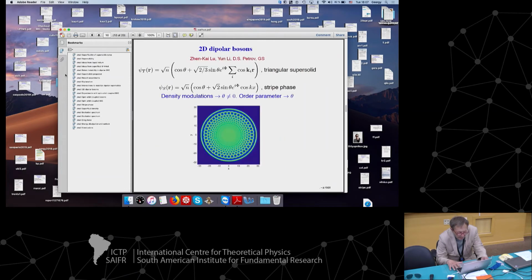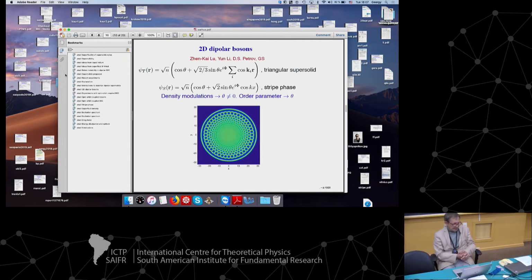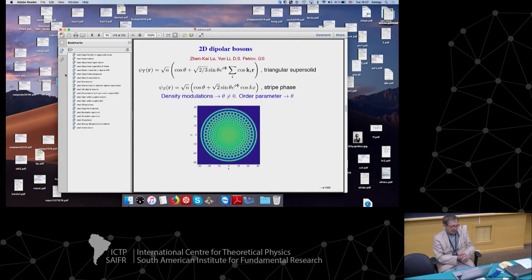Well, yes, this one. So this is how a supersolid should look like? Yes, in position. X and Y are positions, and this is for the 2D case. In the third direction, the system is confined to zero-point oscillations. So if I just take an absorption image, it should be like this? Yes.